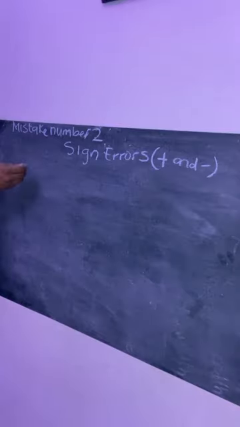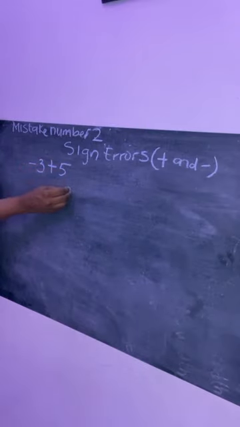Our mistake number 2 is sign errors. This is one of the biggest mistakes in maths. Students often forget negative signs. Let me show you. For example, we have minus 3 plus 5.